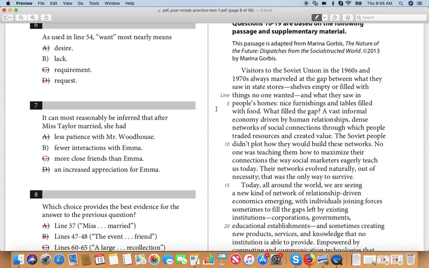A vast informal economy driven by human relationships, of social connections through which people traded resources and created value. No one was teaching them how to maximize their connections the way social marketers eagerly teach us today. And naturally, out of necessity, is the only way to survive.